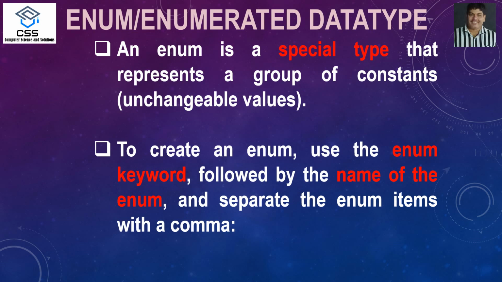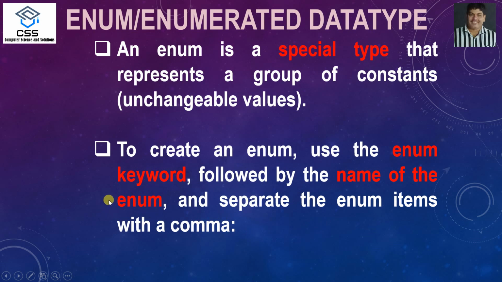Hence, the definition clarifies: enum is a special type of data which contains a group of constants whose values are unchangeable. To create the enum, you have to use the keyword enum, followed by the name of the enum, just like structure name, union name, array name.